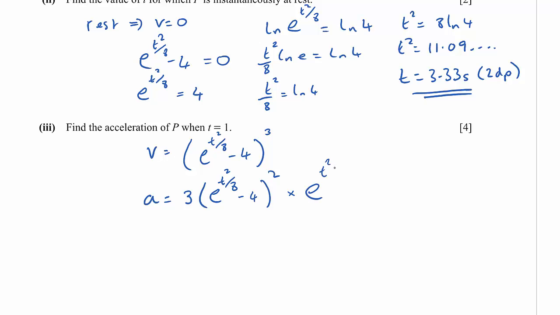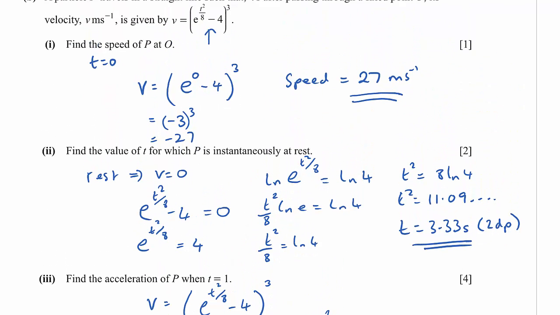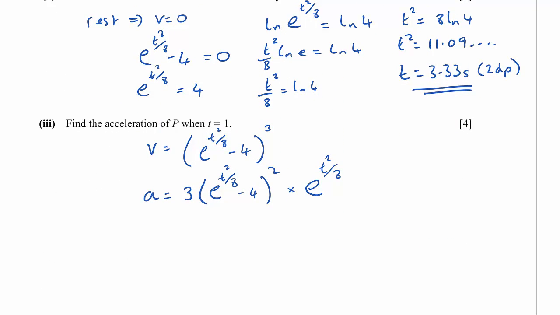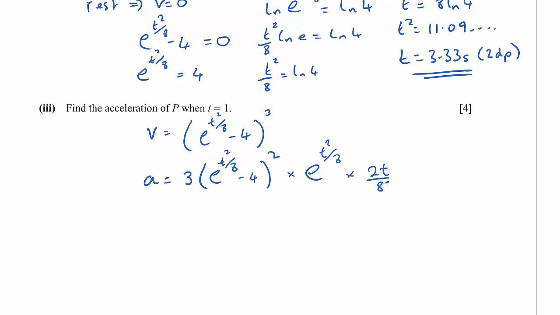So the 4 would disappear, and then we'd have e to the t squared over 8. Let's check that is t squared, isn't it? Yep, t squared over 8. And that's got an inside function as well, which is, if we differentiate that, we get 2t over 8.